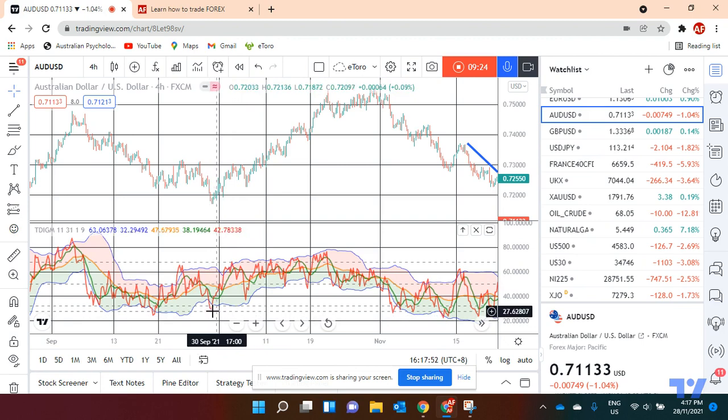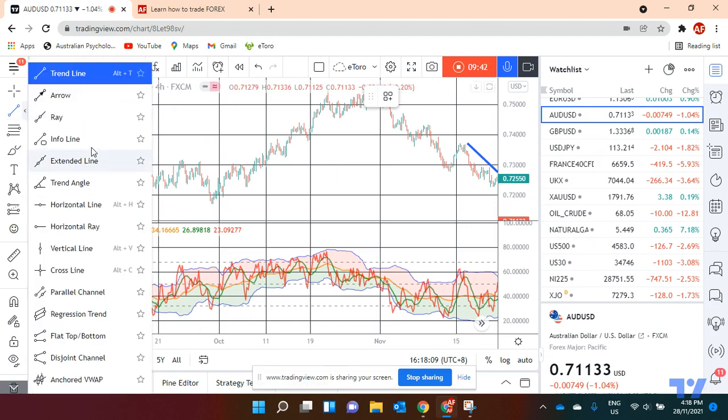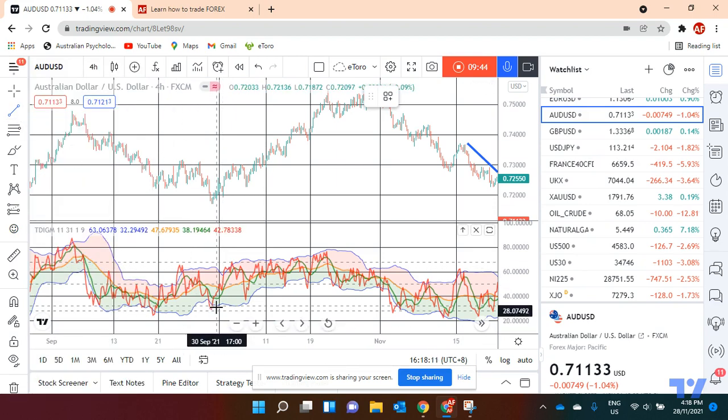And as you can see here, this can be a trend reversal because it's also gone below 32. So this is a trend reversal, could be because it's gone to the oversold area. So as you can see here, it's a buy signal.